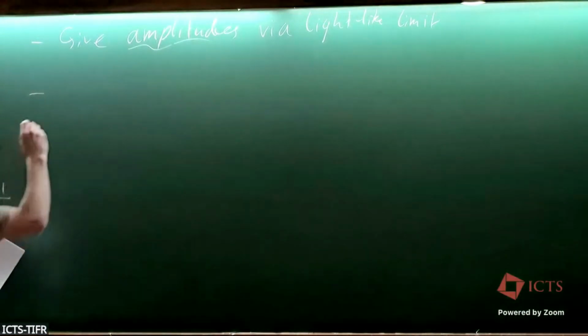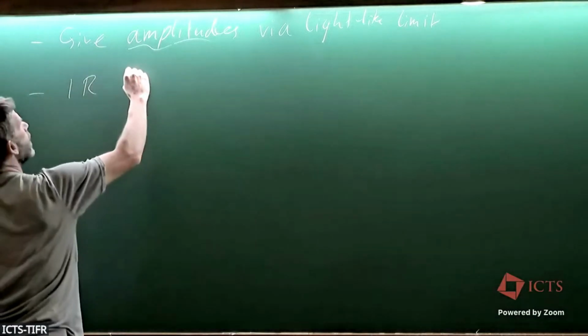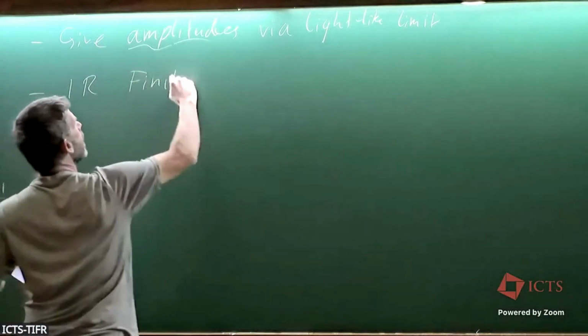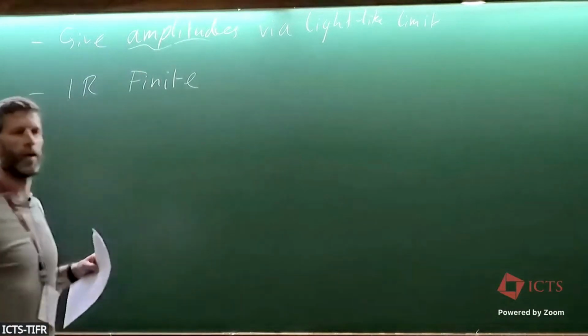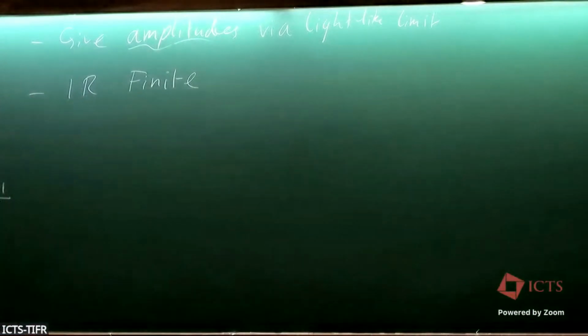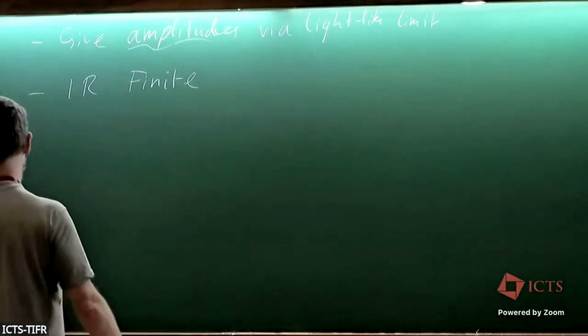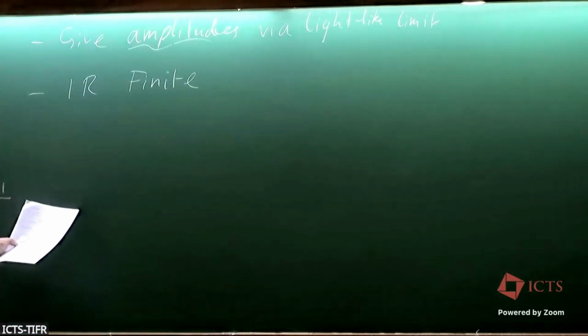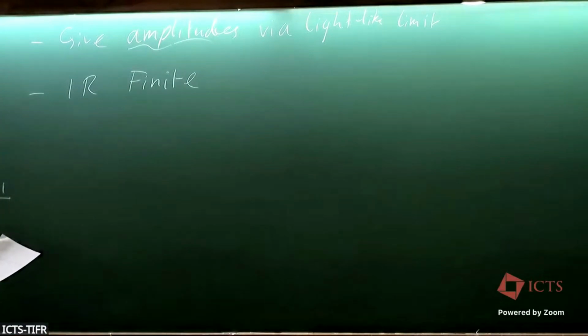Another thing that occurred to me, I added this after Yara's talk reminded me to say, they are infrared finite. So once you've found these integrands, the integrals are difficult, but they are finite. So there's no need to worry about epsilons or any other sorts of regularizations.